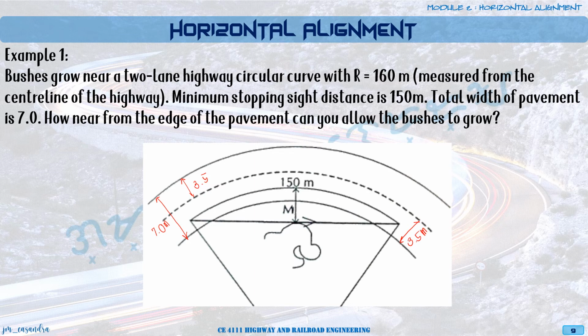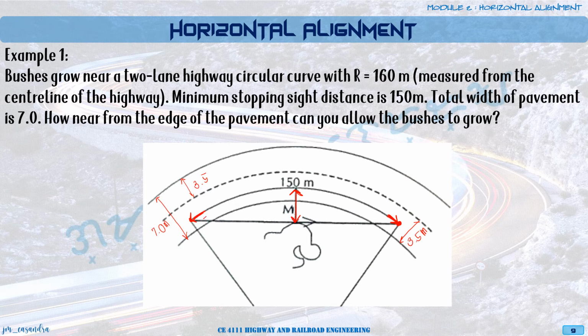Our critical lane will be this inside lane. I will consider the SSD to be at the center of our critical lane, this line here. So what we are looking for will be this distance M.